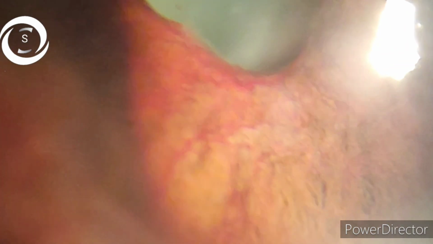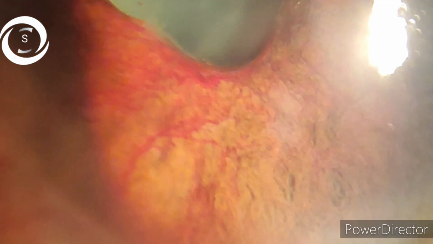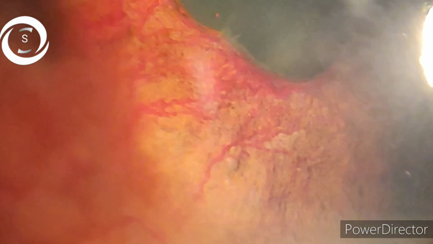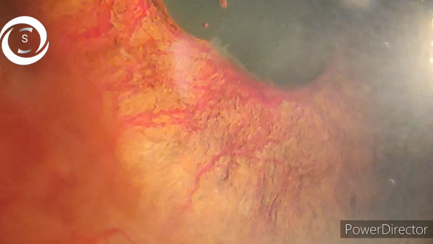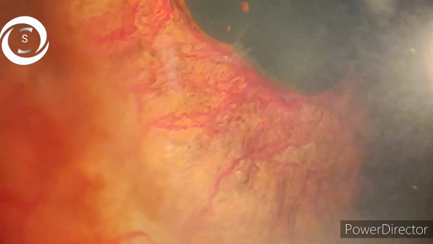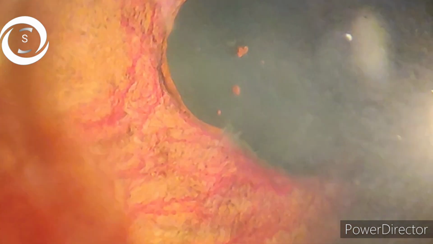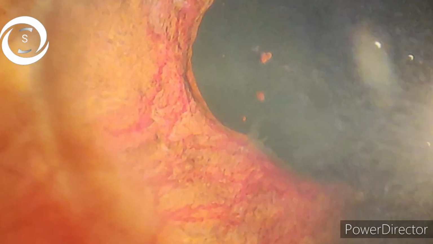So in summary, we need to treat many things in neovascular glaucoma according to the stage of the disease at presentation. You need to check the vision. If vision is good, pressure is normal, and there is no pain, it means just treating retinal ischemia can treat the disease.